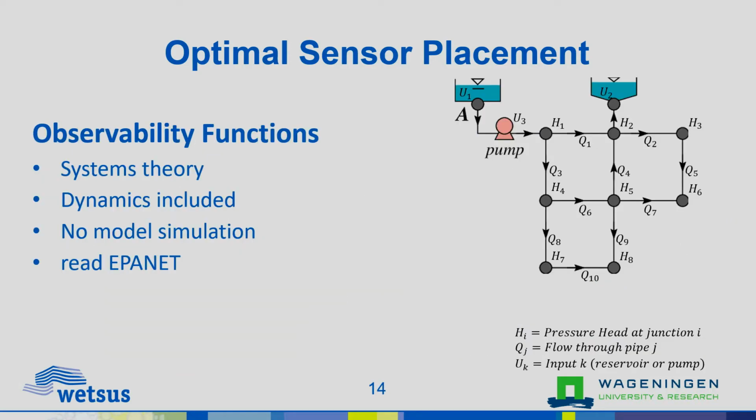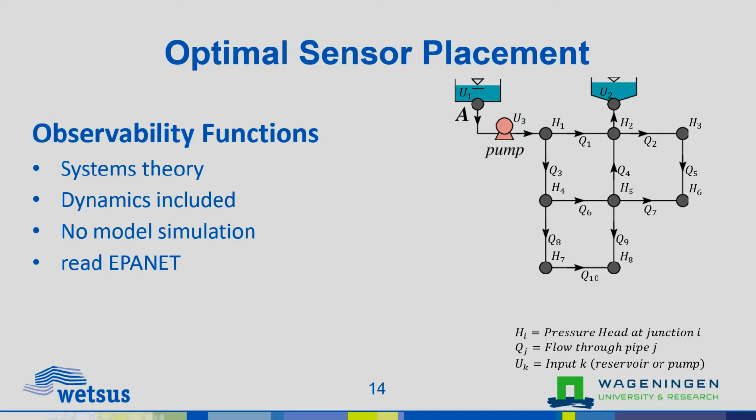However, I also try to tackle this problem, but I will tackle it from a different approach. I will use systems theory, a field of mathematics, and observability functions to identify where placing a sensor would give you the most information about what's happening in your network, so that you can most accurately monitor it.